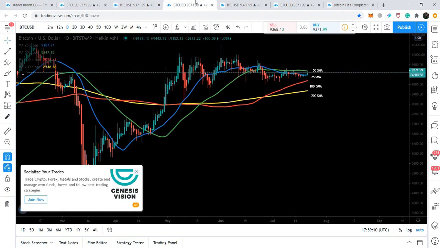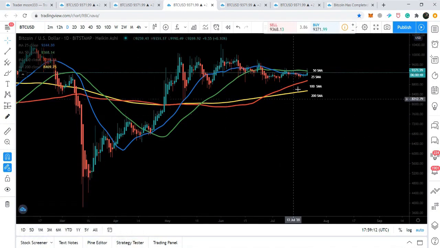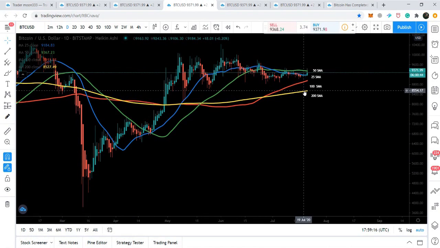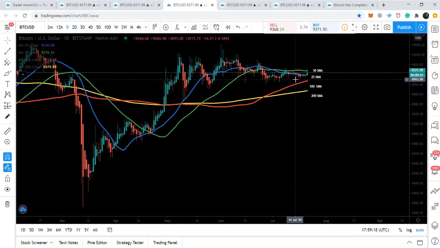And this is a chart with the simple moving averages with time periods of 25, 50, 100, and 200. I was expecting that soon the 25 simple moving average will cross up the 50 simple moving average, and we will receive a bull cross between these two moving averages, and that bull cross will take the price action further up.